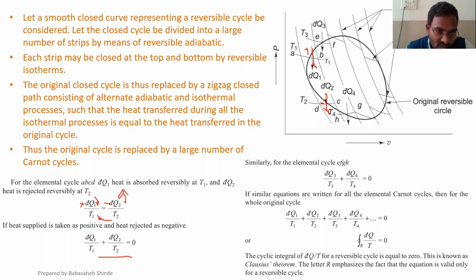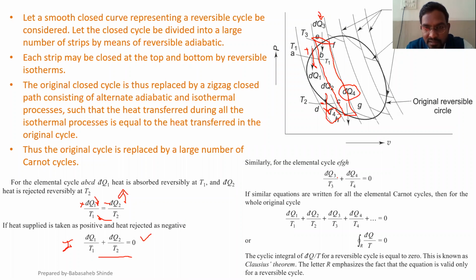Now this relation is for the first segment. If I try to write a relation for the second segment, at temperature T3 the amount of heat entering is dq3, and at temperature T4 the amount of heat leaving is dq4.